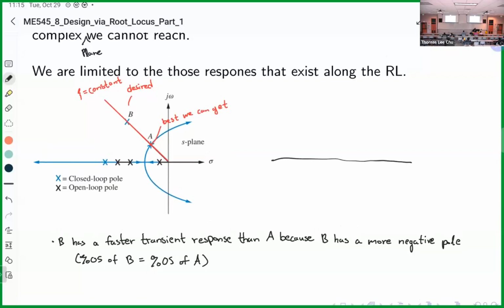One little thing I want to note about the damping ratio being constant: there's actually another component to this as well. You can actually have a constant natural frequency as well. I'll show you what that looks like. So we have our imaginary axis, our real axis, and let's say we have a pole here.